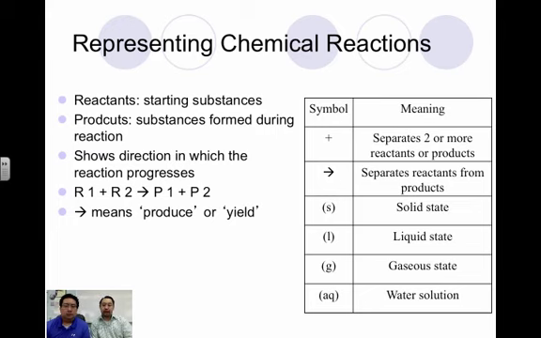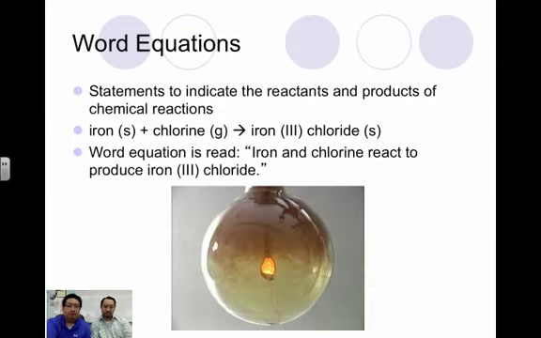On the right-hand side is a table of the different symbols that you're going to run into. A plus sign, the arrow is the reaction from reactant to product, solid, liquid, gas states, and the bottom one, water solution, means stuff that's dissolved inside. And the aq is short for aqueous, which is dissolved in water.